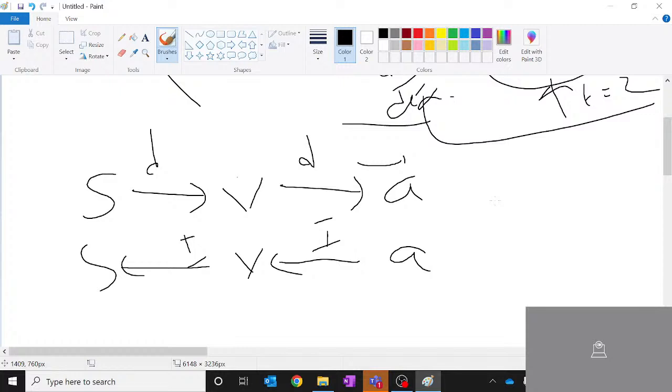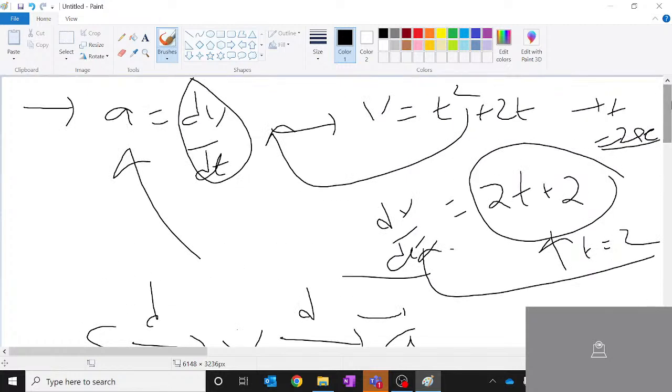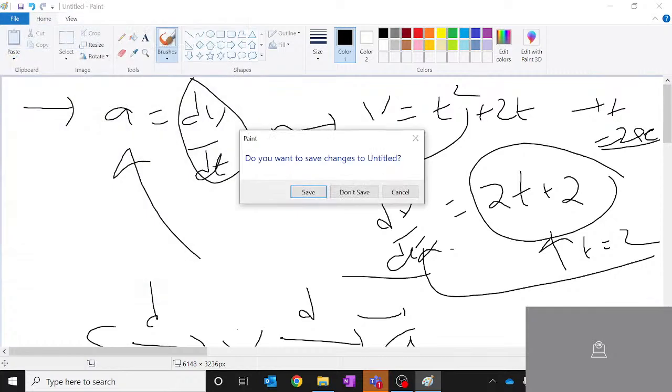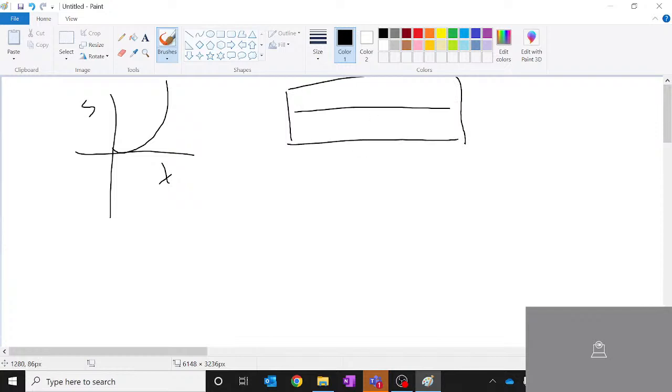Now in the graphs or slopes that we saw yesterday, for example, if this is my s and this is my t, generally you plot the graphs with standard measurements.